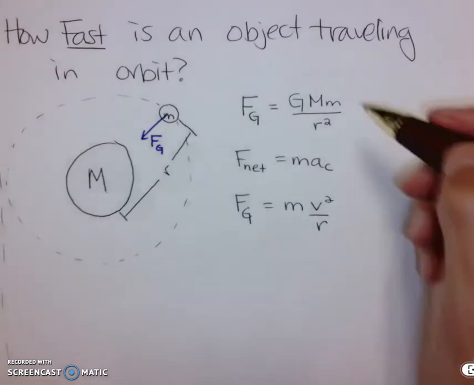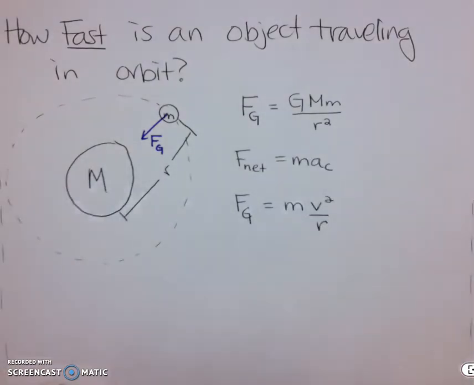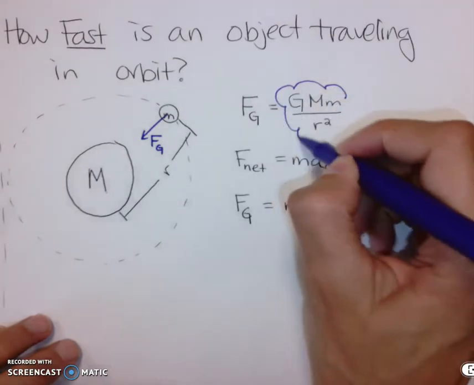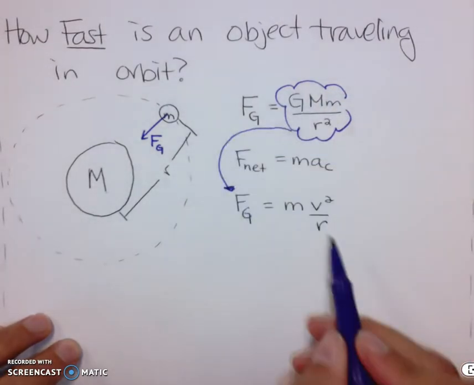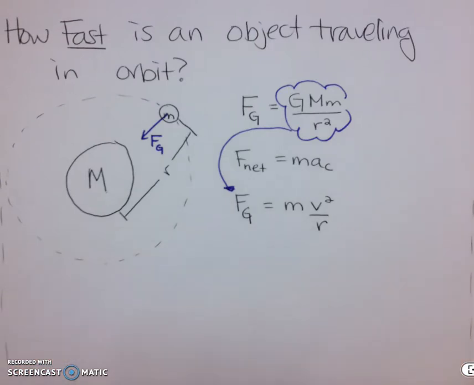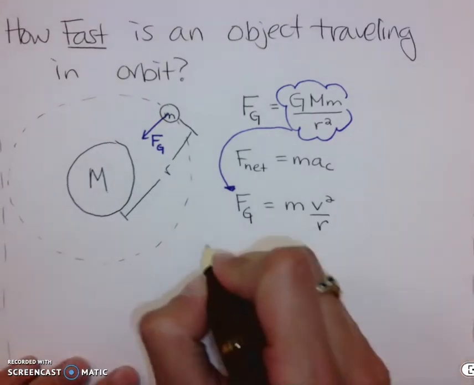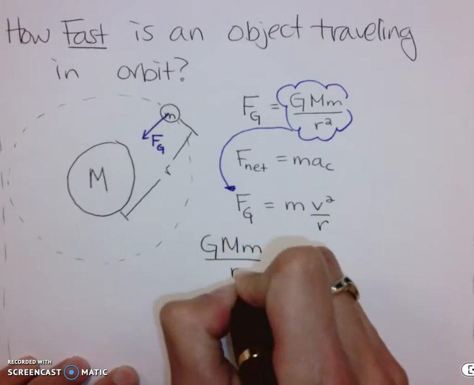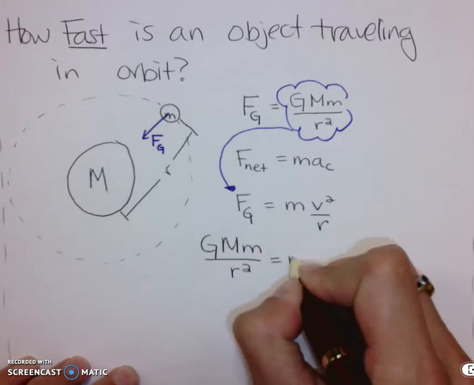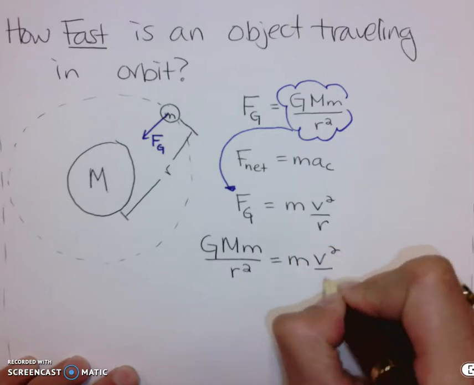Now F big G is also equal to this term right here. So I'm going to take this and plug it in for Fg and set it equal to m v squared over r. So I get big G, big M, little m over r squared is equal to little m v squared over r.